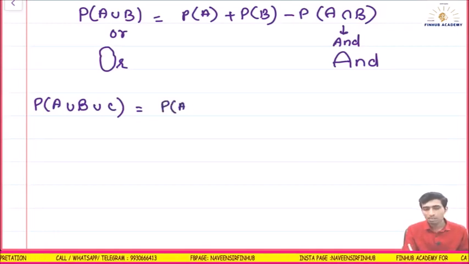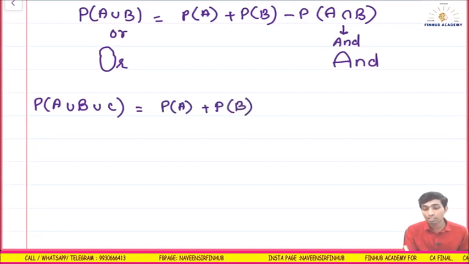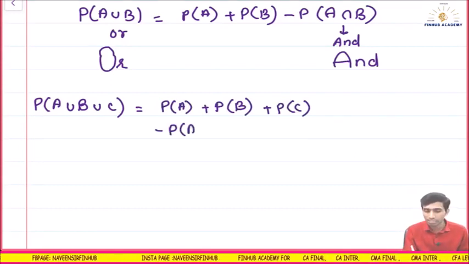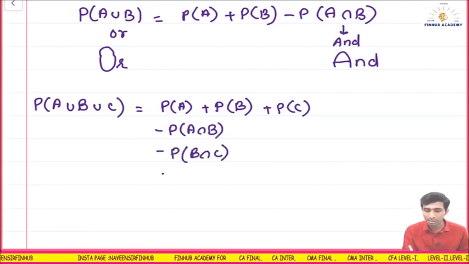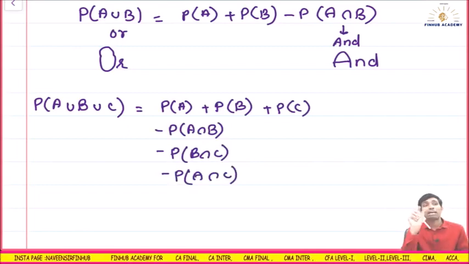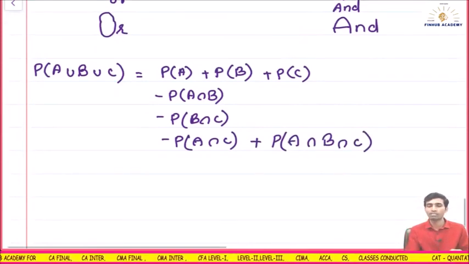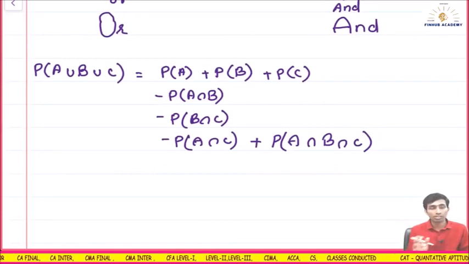Probability of A plus probability of B plus probability of C, since they can happen together, I will subtract probability of A intersection B, probability of B intersection C, and probability of A intersection C. I will subtract all the two-way intersections and add the probability of A intersection B intersection C. This is the formula. Understood? You should remember this.